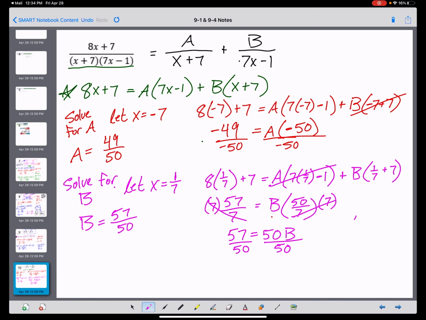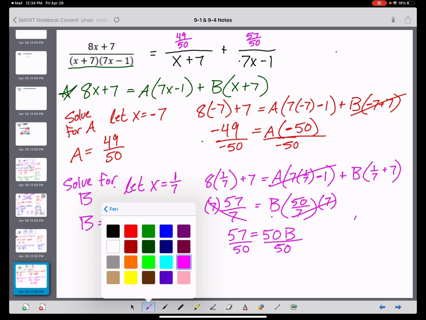So we got A and we got B, so we can go back over here. I'm going to erase this A and B. And we're saying A is 49 over 50, and B is 57 over 50. But I really wouldn't want to leave my answer like that, just because you could simplify it further.